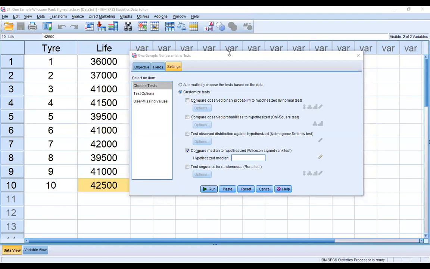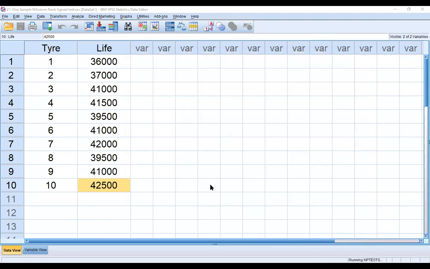Very good. Thank you. So here I am putting the value 40,000 because the retailer was claiming that the tire will run 40,000 kilometers. And then after that, run, and we will get the output.